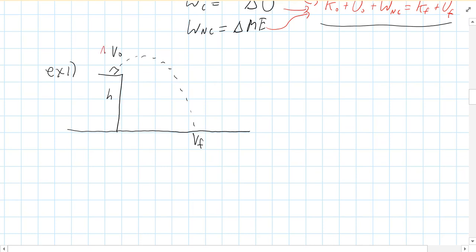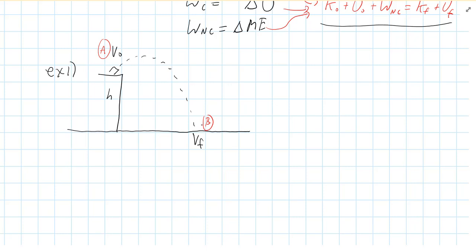For this, it makes sense to put the beginning position right as the cannonball leaves the cannon and the end position right before the cannonball impacts the ground. While the cannonball's in the air, we're going to ignore air resistance, so the only force acting on it is gravity, and therefore there are no non-conservative forces acting.